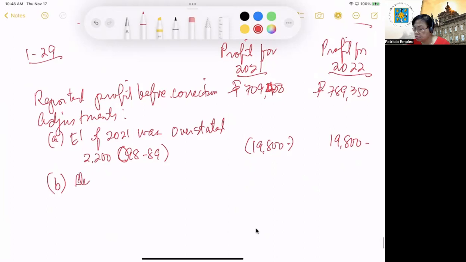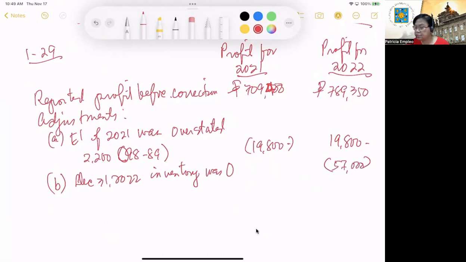Therefore, the December 31, 2022 inventory was overstated. Okay, so because this is ending inventory, it has a direct effect on profit. And therefore, if this is overstated, that means profit is likewise overstated by 57,000.